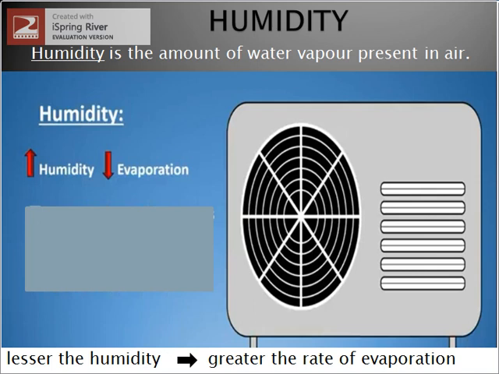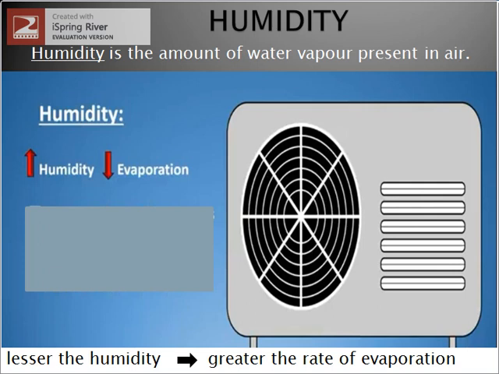It is because the air around us cannot hold more than a definite amount of water vapor at a given temperature. And if the amount of water in the air is already high, the rate of evaporation will decrease automatically. So, as humidity increases, the rate of evaporation decreases.